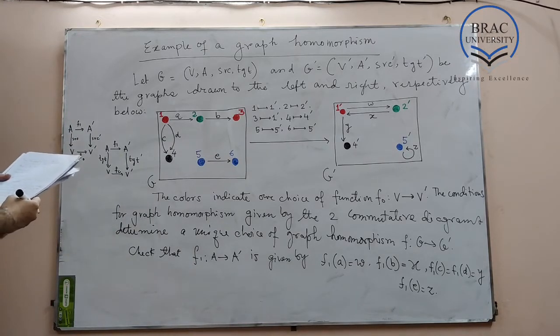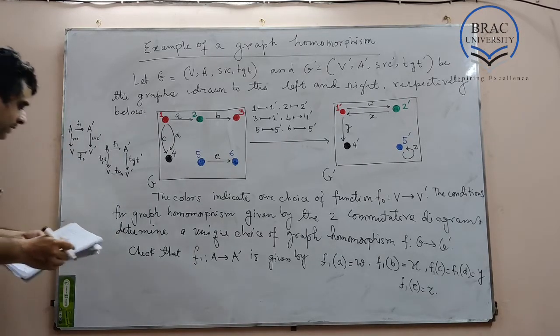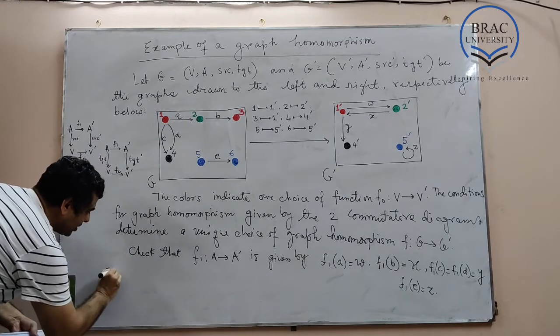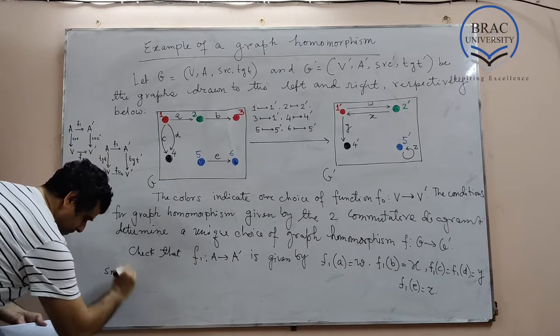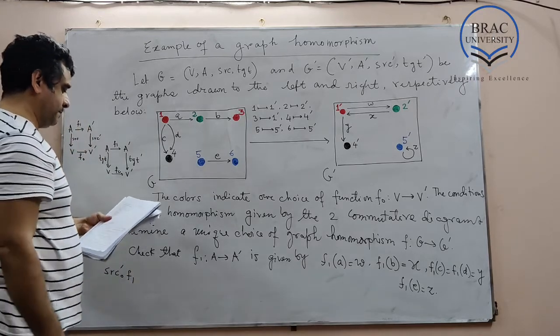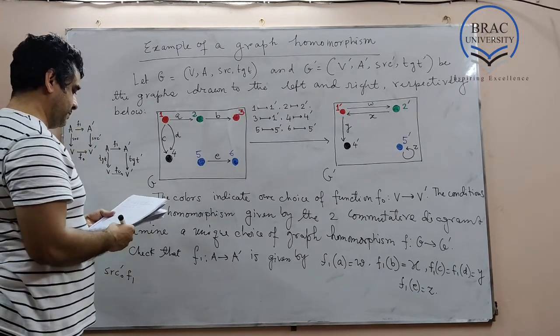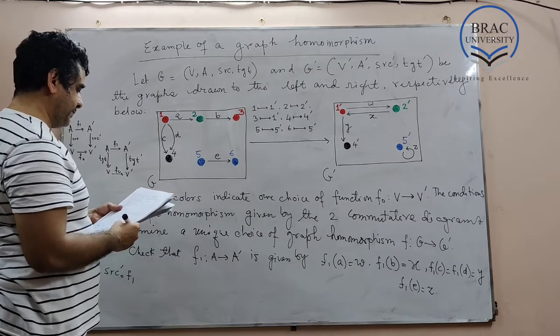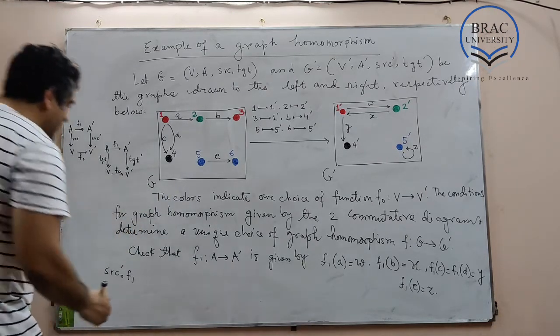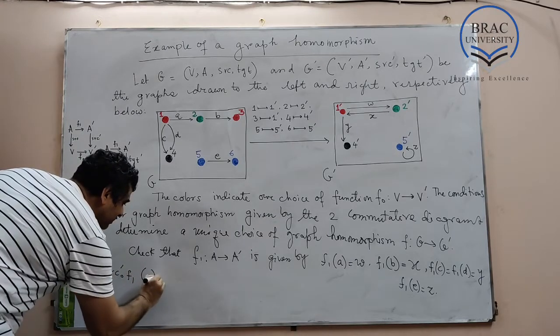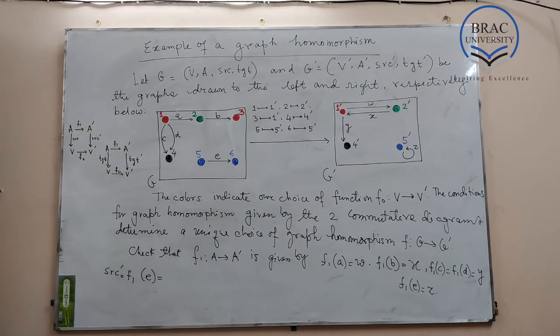All right. Now let's see what is SRC prime composed with F1, acting on E, say. So what we are doing is going from A to V prime via this path.